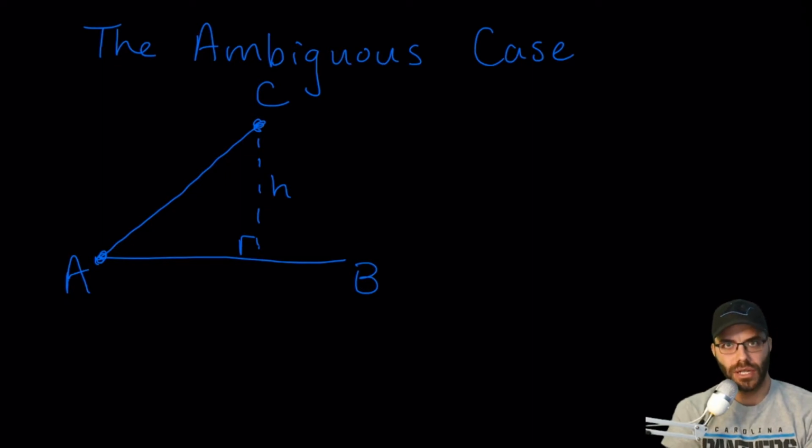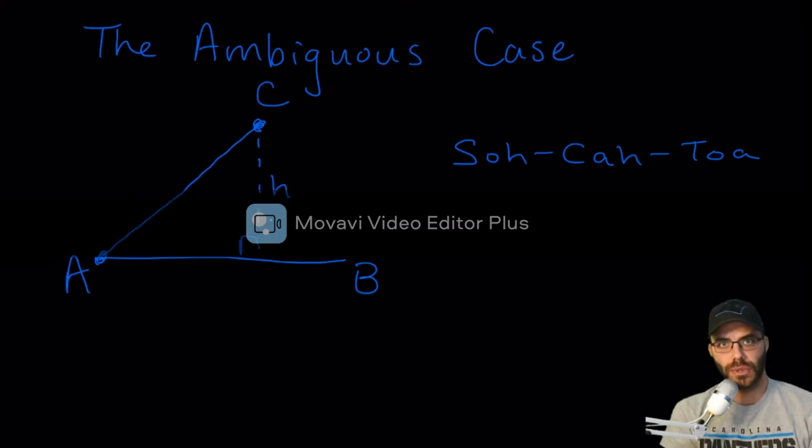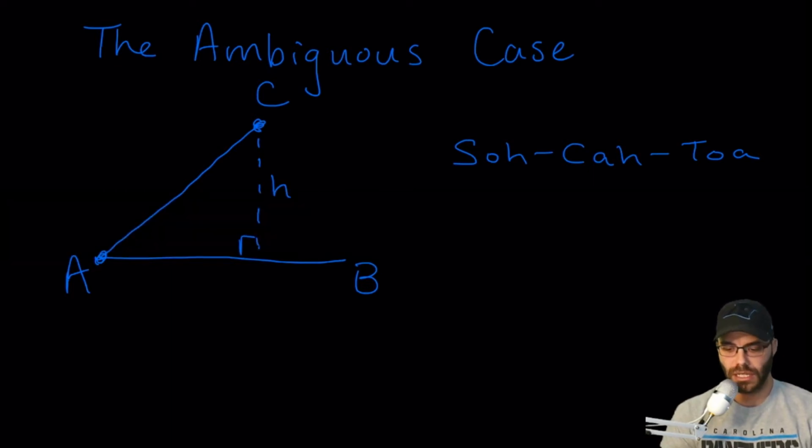In any right triangle, you can use SOHCAHTOA. SOHCAHTOA is an acronym that is used to help us remember that sine of any angle is equal to the ratio between the opposite side and the hypotenuse in a right triangle.